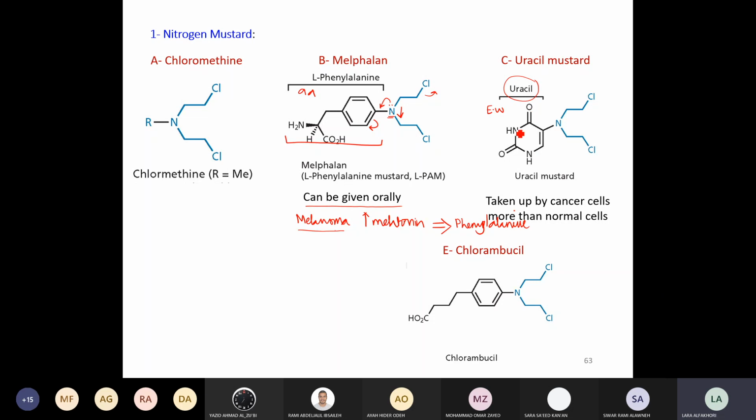Now notice that I have heteroatoms, oxygen and nitrogen, that can withdraw electrons inductively from the nitrogen. Now the lone pair can resonate with what? What pi system does the resonance with the nitrogen here? If you were asked to draw resonance structures of uracil mustard, from where do you move the electrons and to where? From the nitrogen to the double bond, between them. Exactly, it's with this one.